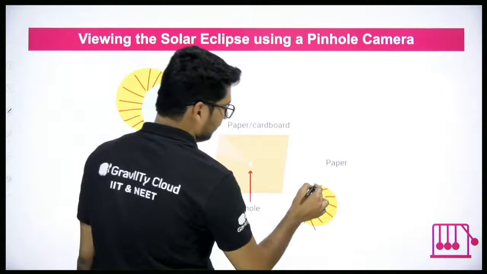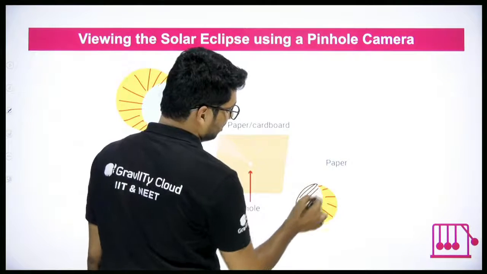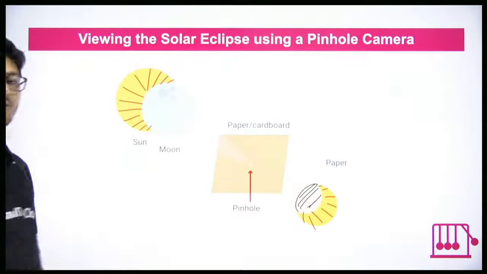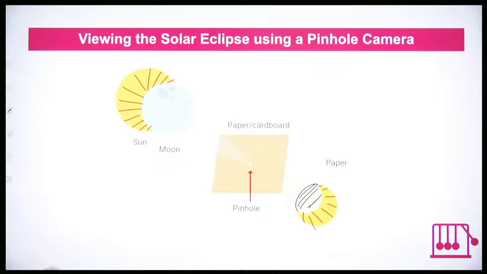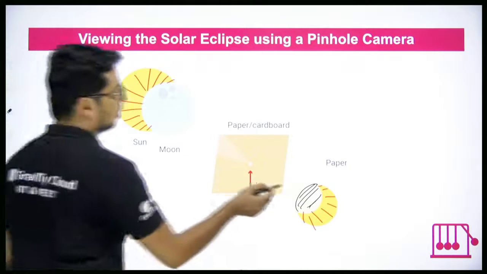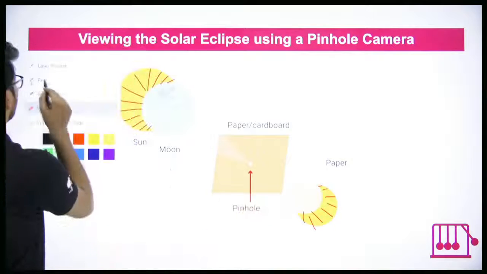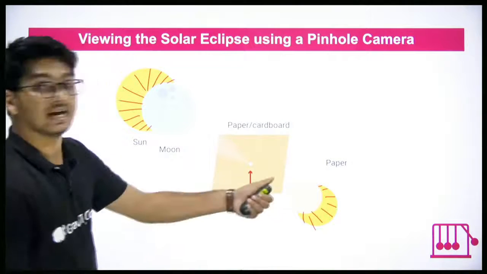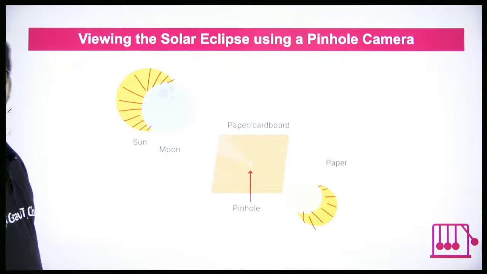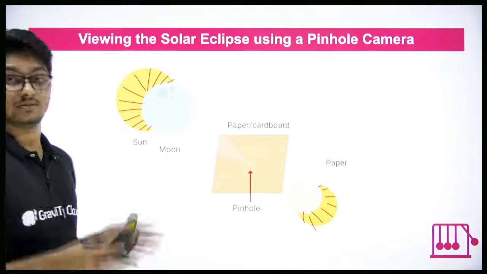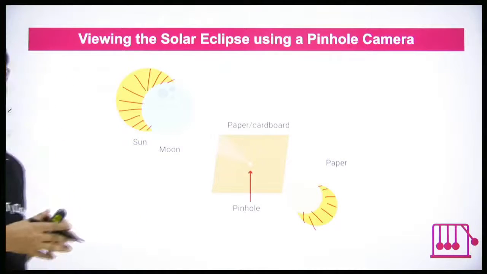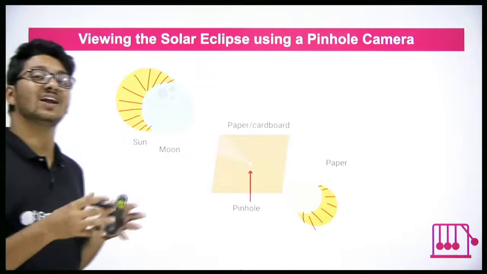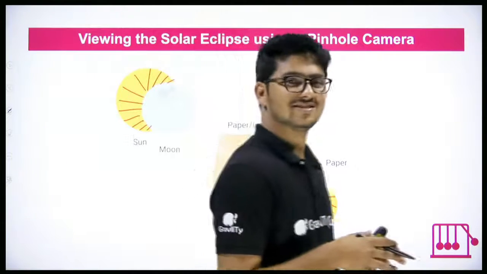That part is covered by the moon. No light is coming from there, so we will not get an image of the sun completely, instead we'll get a part. Understood? That's using a pinhole camera to get the image of a solar eclipse.